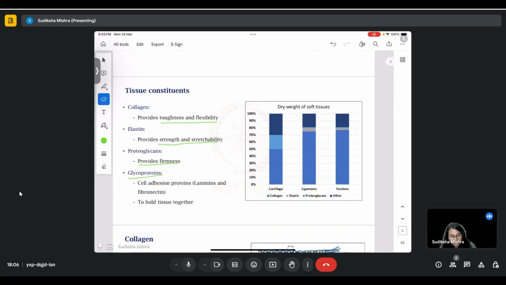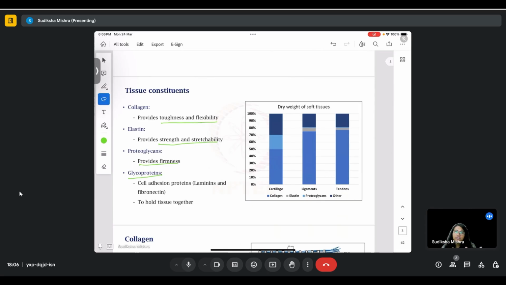And there are certain other proteins known as glycoproteins, which are present on the cell surface. Because they are present on the cell surface, they are essentially outside of the cell. These proteins might be embedded in the cellular membrane, but these are the proteins which mediate the adhesion of the extracellular matrix and the cell.